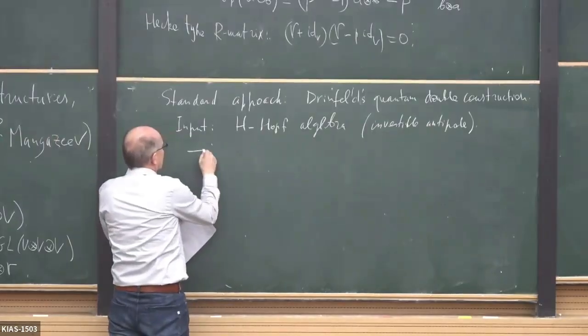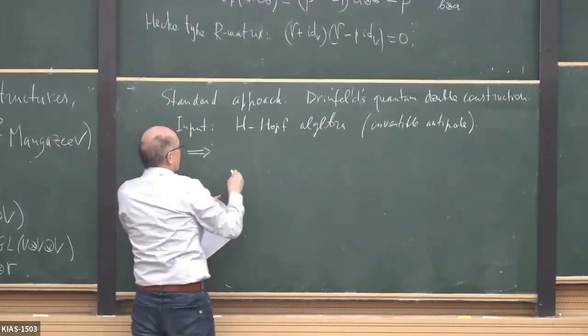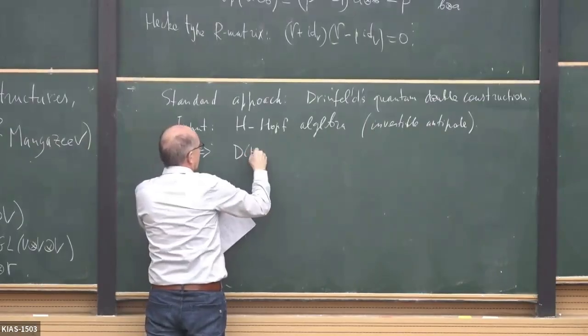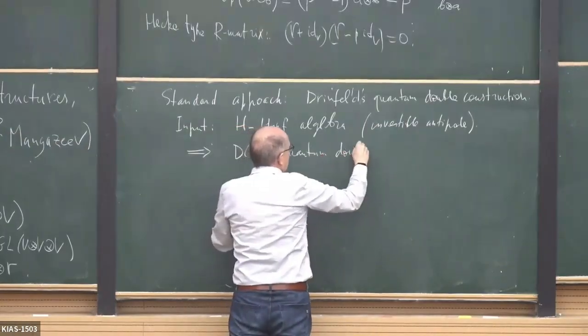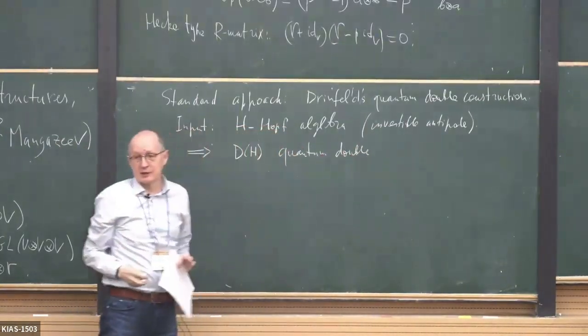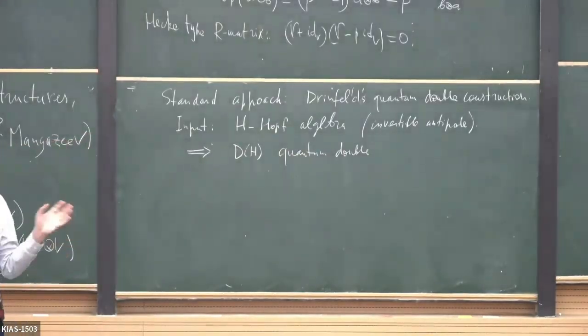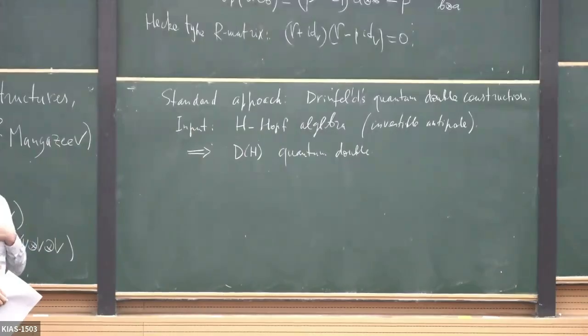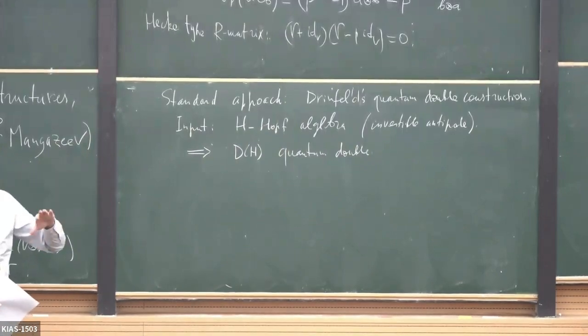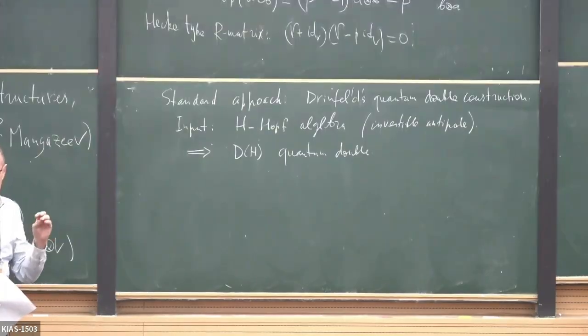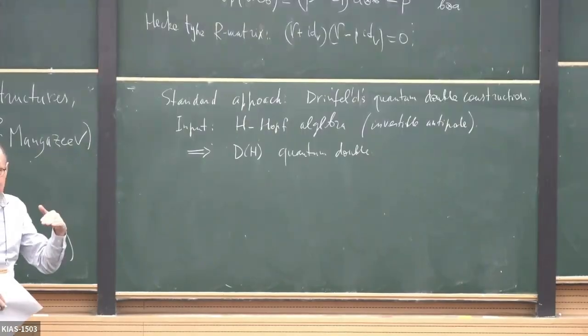Then what you do is the quantum double. This is just another Hopf algebra, canonically constructed from the input Hopf algebra. To stay completely general, in the Drinfeld double you need a dual Hopf algebra. But when the dimension of the Hopf algebra is infinite, you should be more careful.